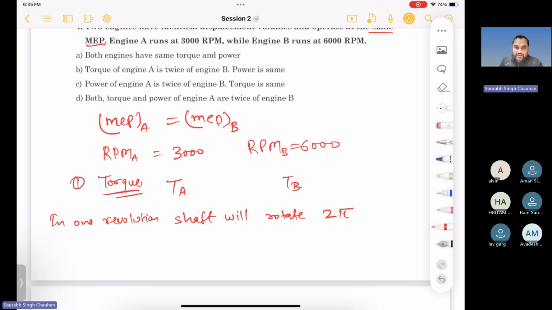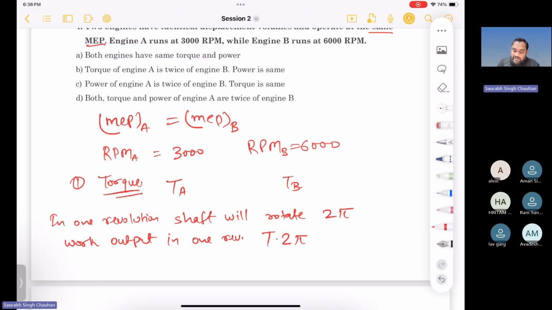Then what will be the work output in one revolution? It will be torque multiplied by the angle, correct?